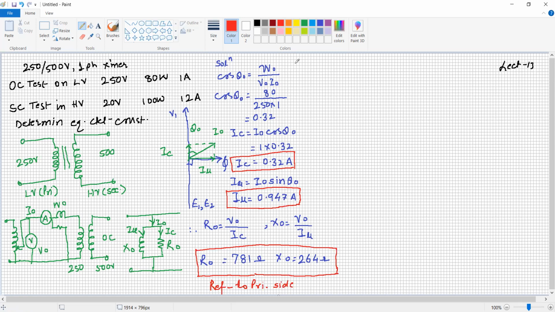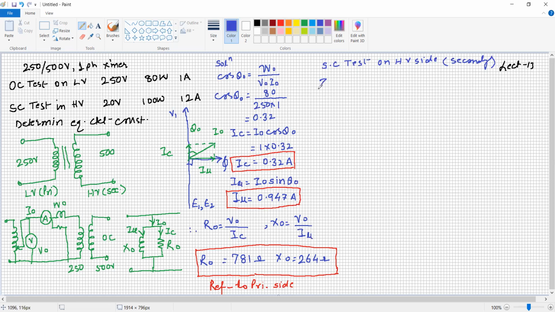Now, short circuit test. Short circuit test is conducted on HV side, and here HV side we have considered as the secondary side. Okay, so the parameters we are going to find are on the secondary side.